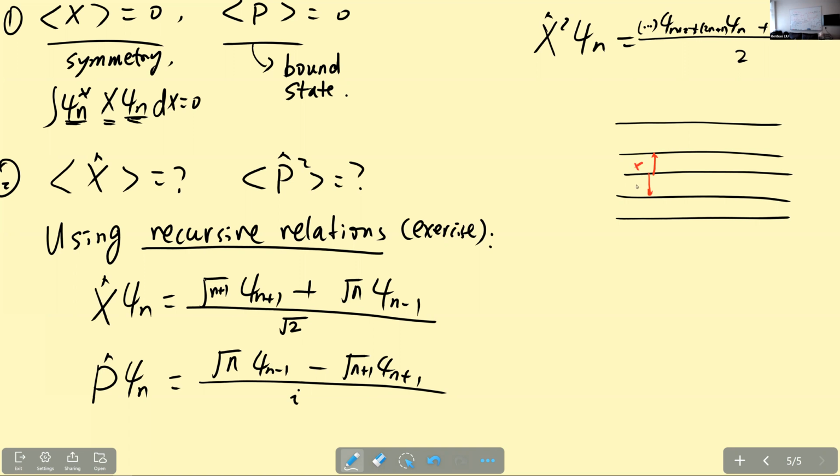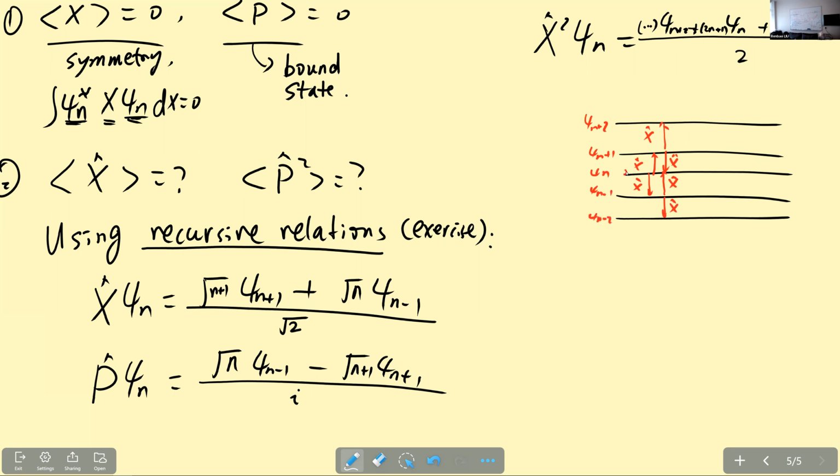So this is x, this is x, and then you apply this one again. You can go up, this is x again, or go back down. By x, by x, you're going to have m plus 2, m plus 1, m minus 1, and m minus 2.